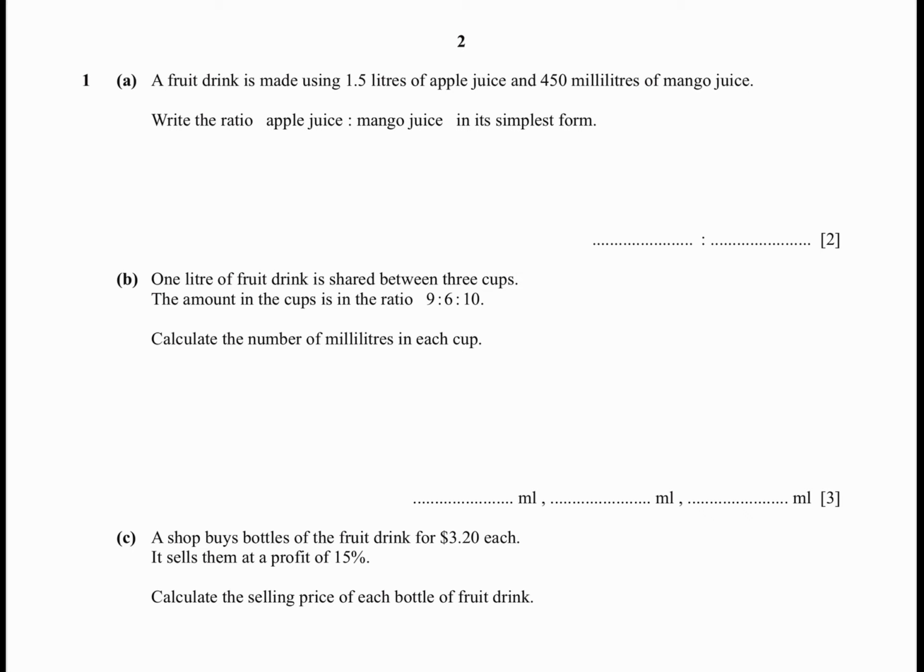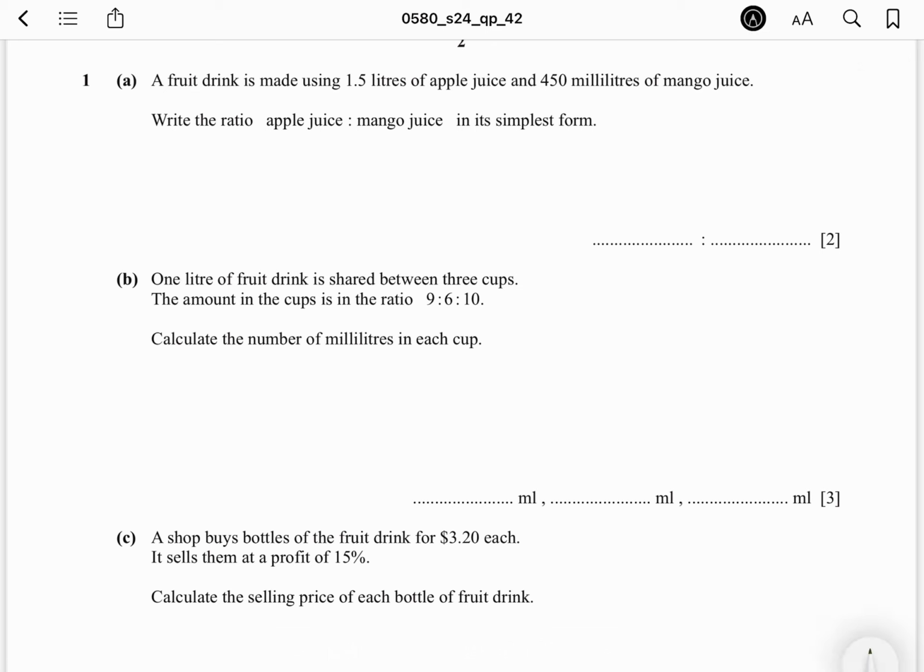However, we want to try as best as we can to avoid decimal. So the obvious choice would be changing 1.5 liter into milliliters by times by 1000.